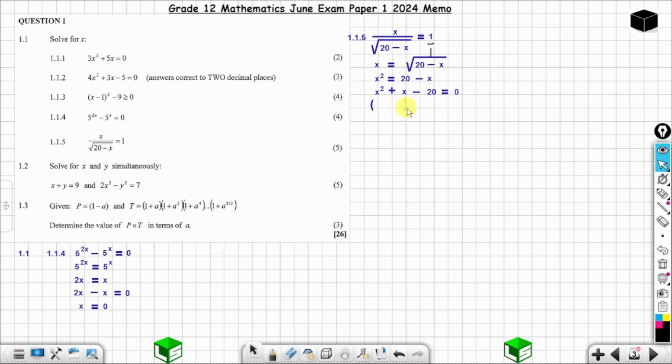Now you are going to factorize. So you have x squared, you are going to have x times x, negative 20.